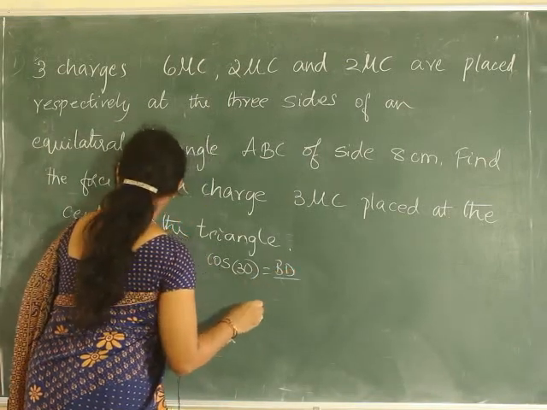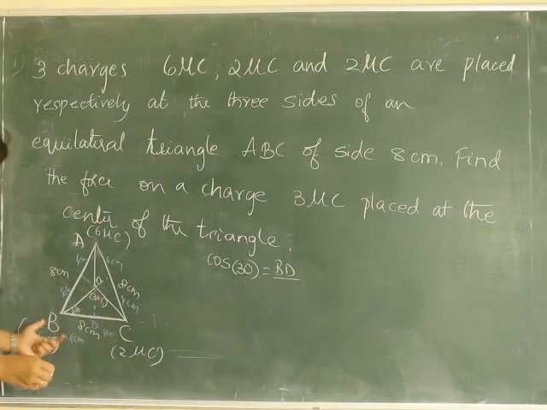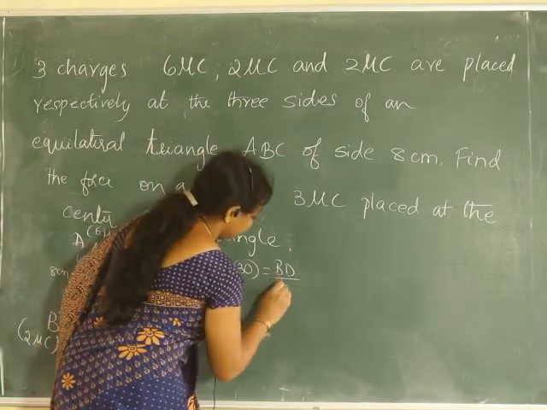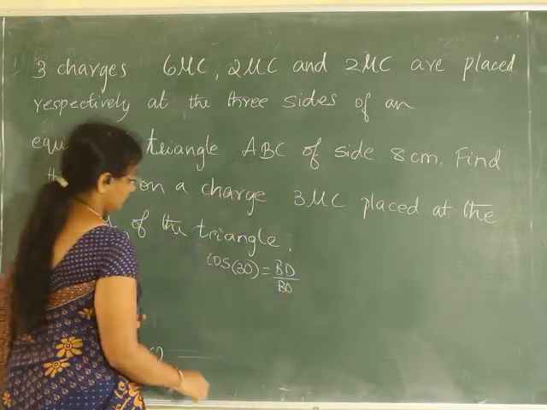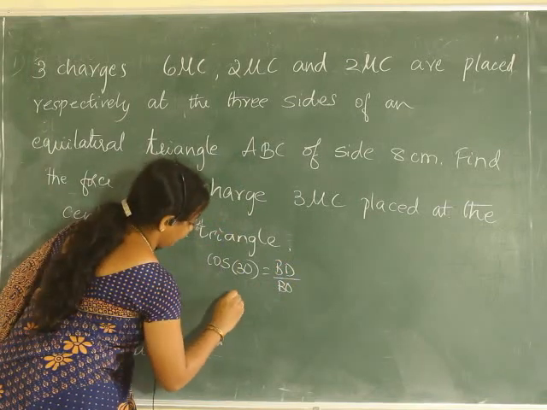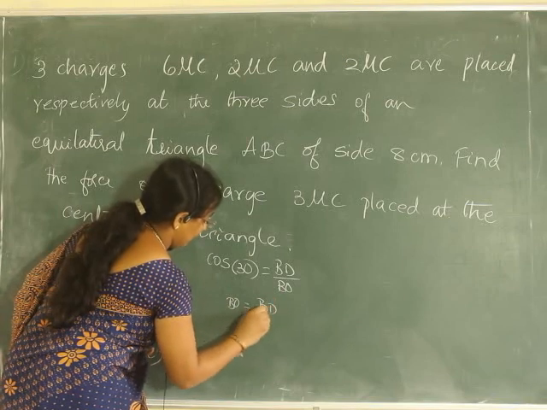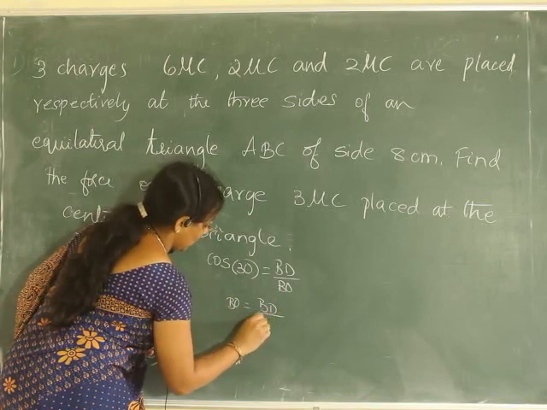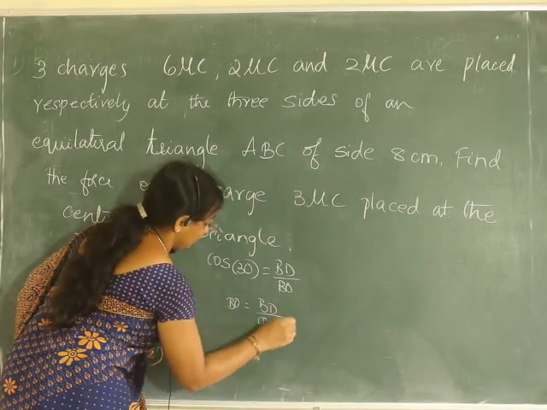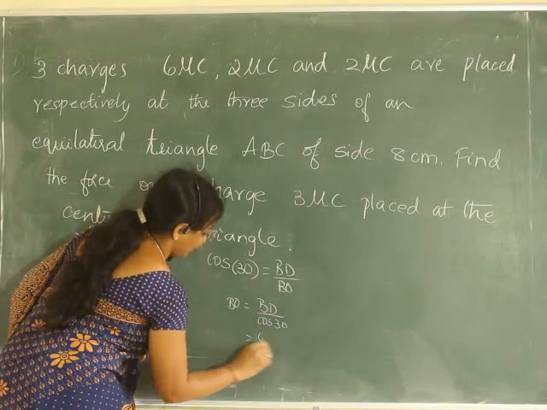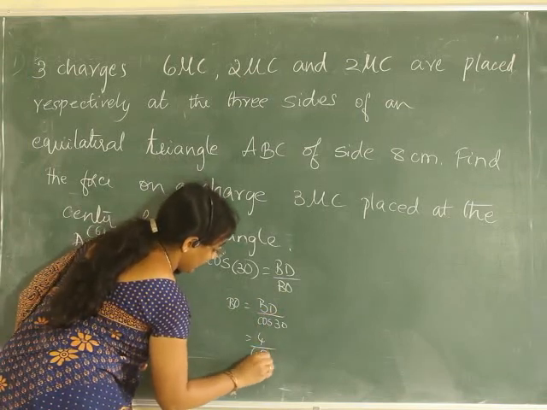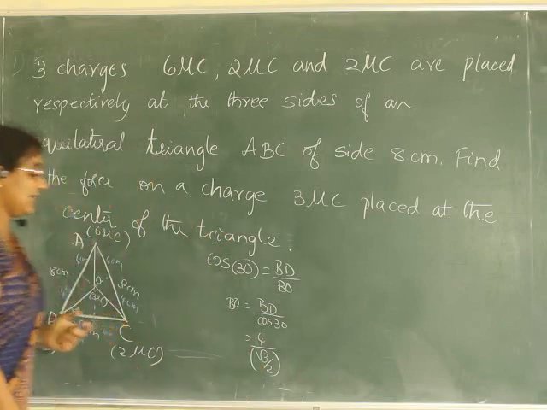Then if it is adjacent by hypotenuse, I'll take it as D. BD by BO, or OB. Then I'll get BO or OB is equal to BD by cos 30. BD is 4. Cos 30 is root 3 by 2. So what is the answer?